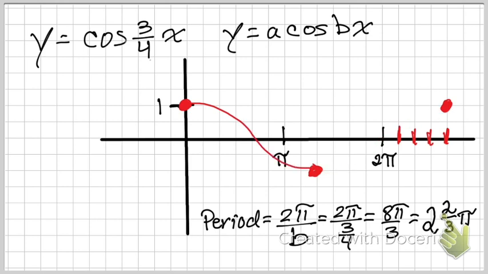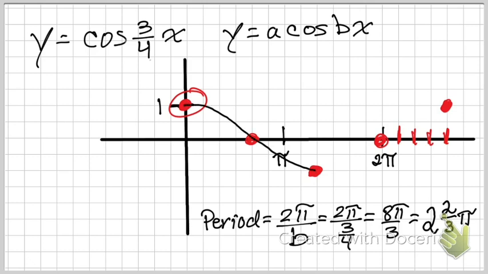Again, I need to be a little bit more specific. So I need to go halfway between these 2 points, and that's where I'm going to cross the x-axis. So that's going to be 1, 2, 3, 4 of these. And then halfway between these two is where it will cross the x-axis again. That's 1, 2, 3, 4 there. And then I just connect my dots with a curve, right?